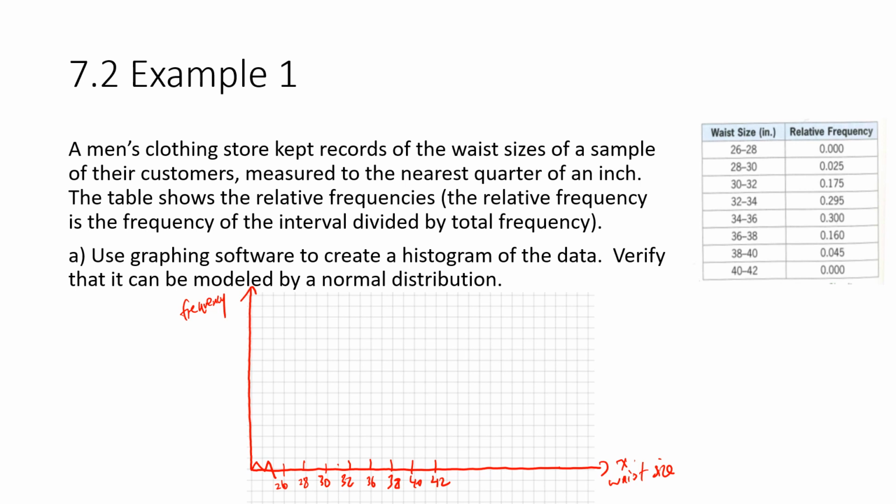And for our relative frequency, that goes up to 0.3. So let's say every 5 squares represent 0.1.